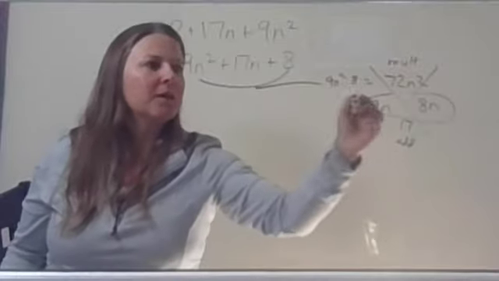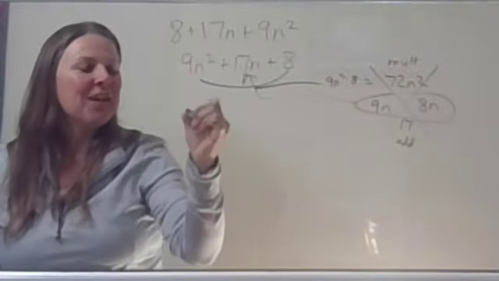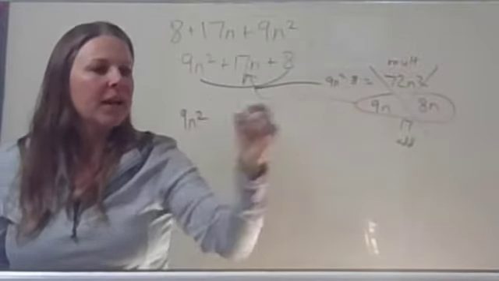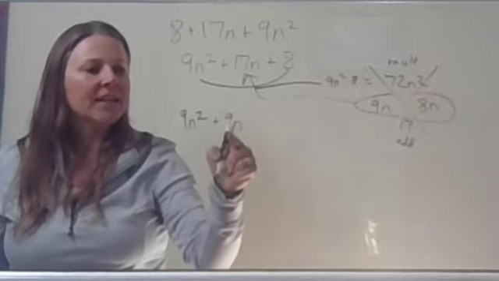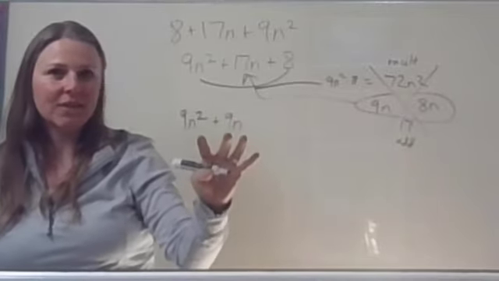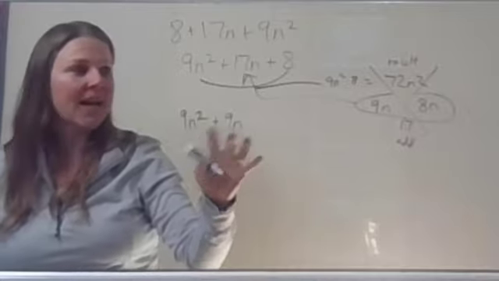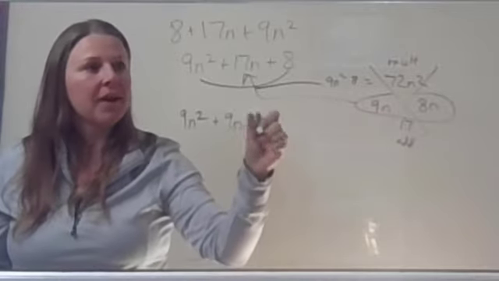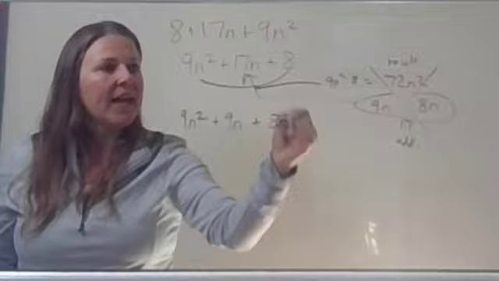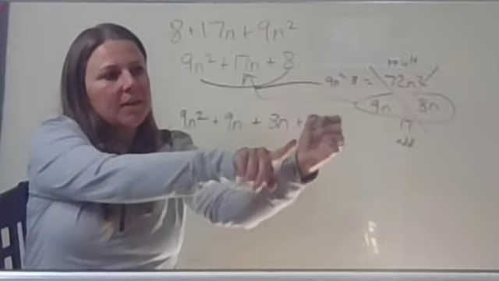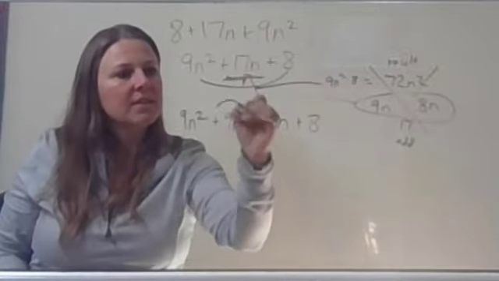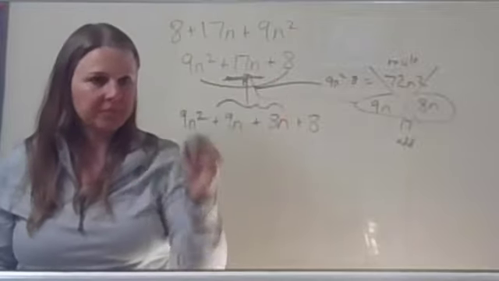What a fun problem. Okay, so 9n squared. I'm going to go ahead and put the 9n, and it's kind of nice to do that because this greatest common factor stands right out as 9. You could put the 8 here, it doesn't matter. And then you have the 8n, and then you have this plus 8 coming down. So this is substituted right there.